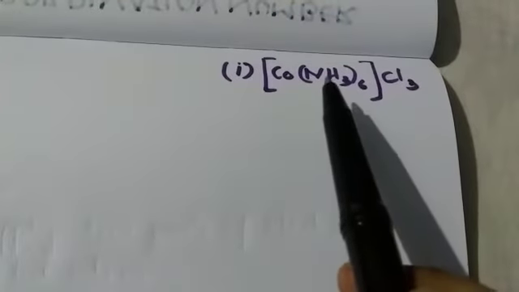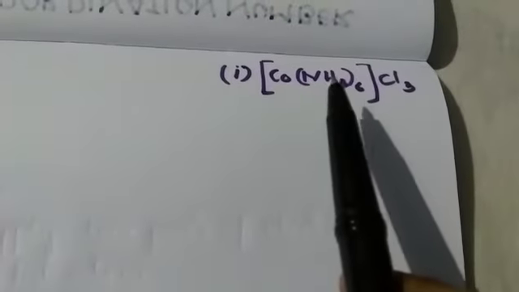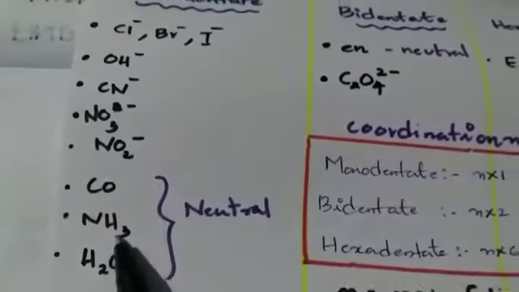So the first question is [Co(NH3)6]Cl3. We have to look at the ligand in the coordination sphere. The ligand here is NH3, 6 times. We have studied that NH3 is a monodentate ligand.